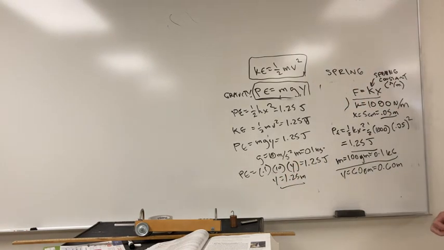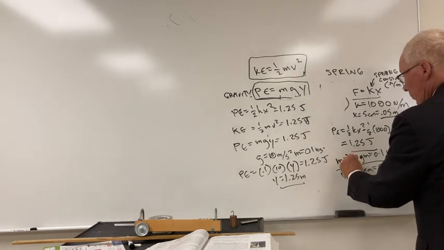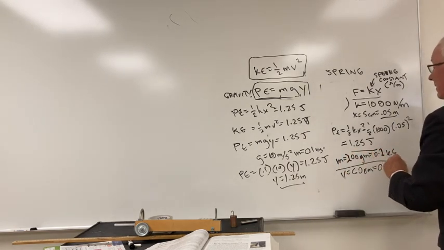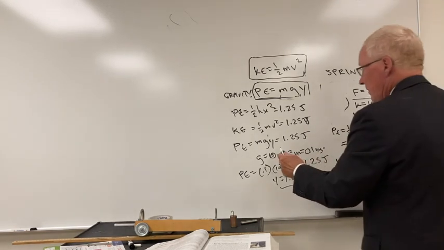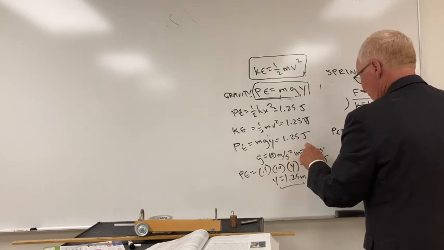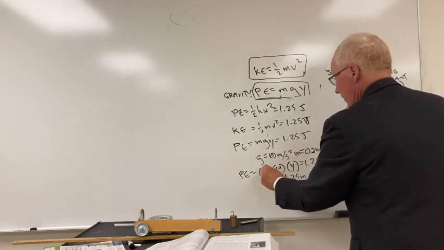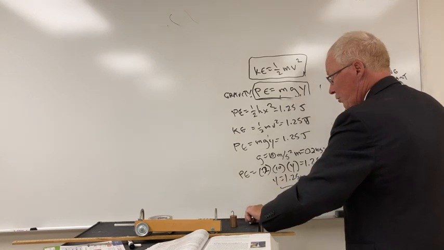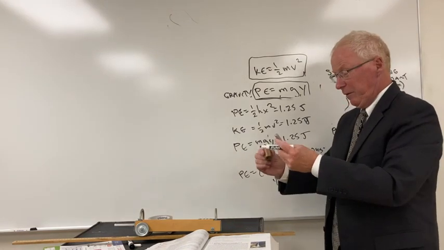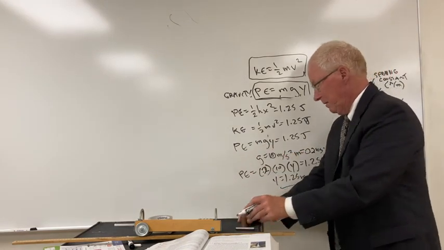And for a made-up problem, g is 10. The mass is 200 grams, which is 0.2 kilograms. So we're saying this is a 200 gram weight. It's roughly the same weight as this.